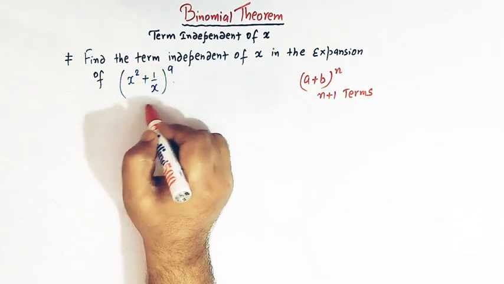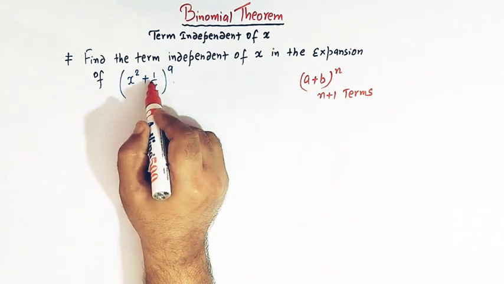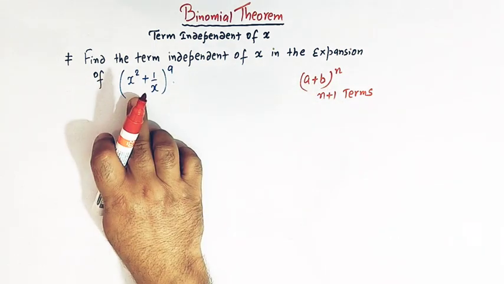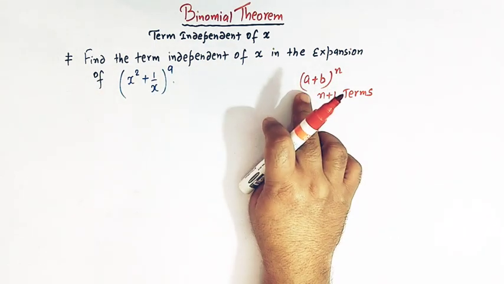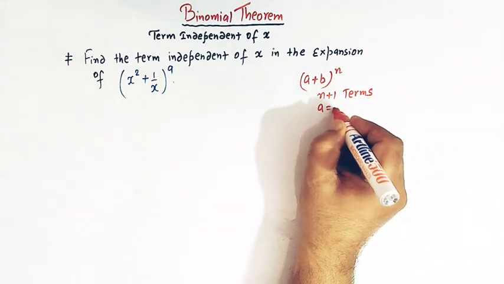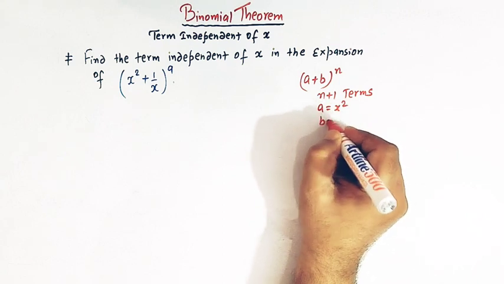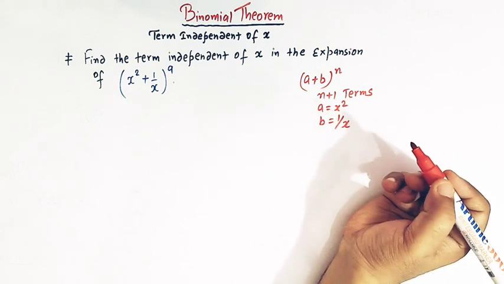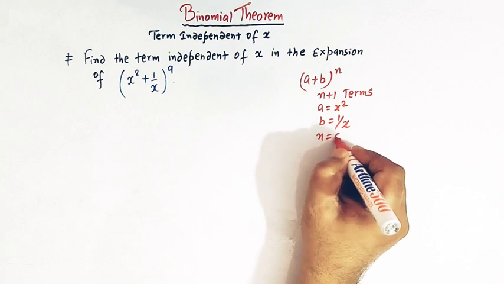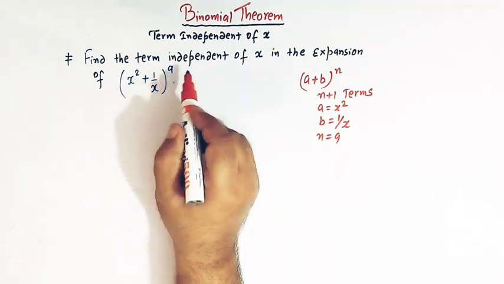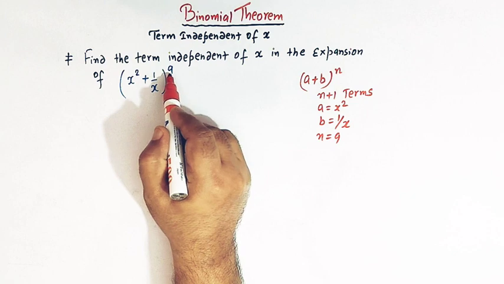Here we have the binomial (x² + 1/x)⁹, and if we compare this binomial with that one, we get a = x², b = 1/x, and n = 9. So here the index or the exponent is 9.